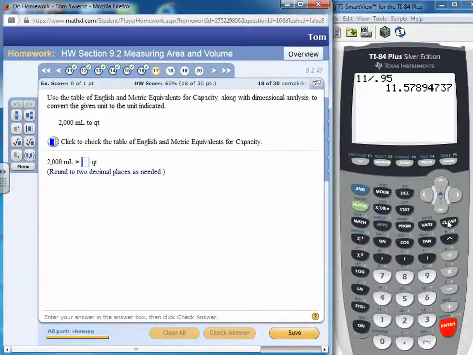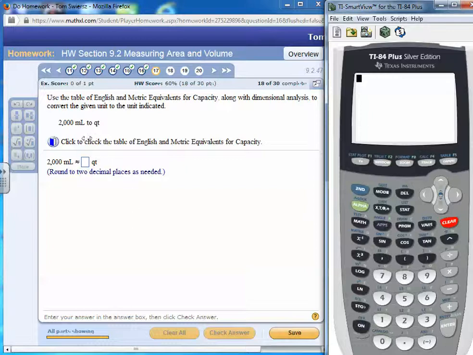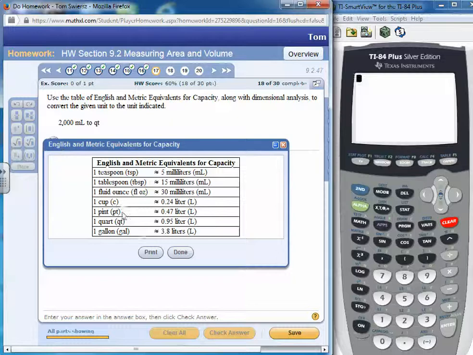Let's look at problem number 17. 2,000 milliliters to quarts. Now, if we look to our English to metric table, we have quarts to liters.